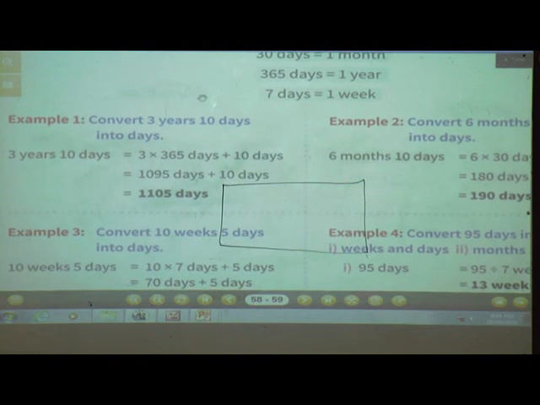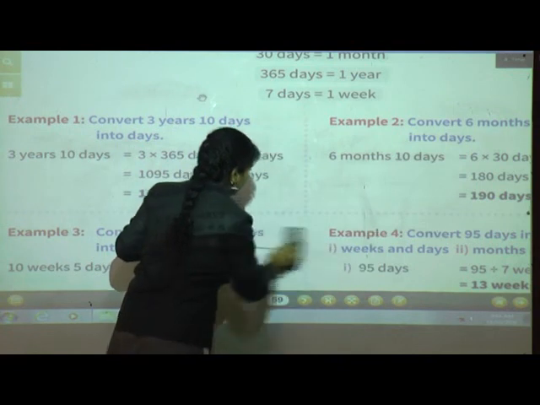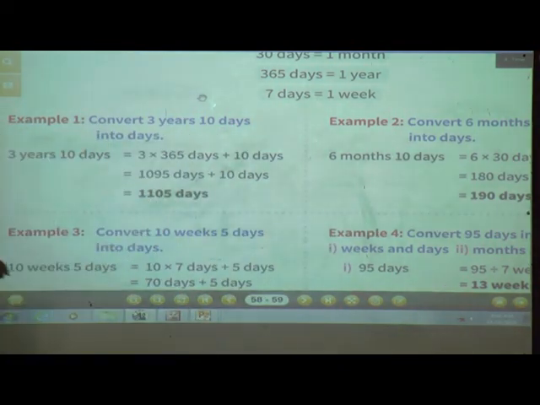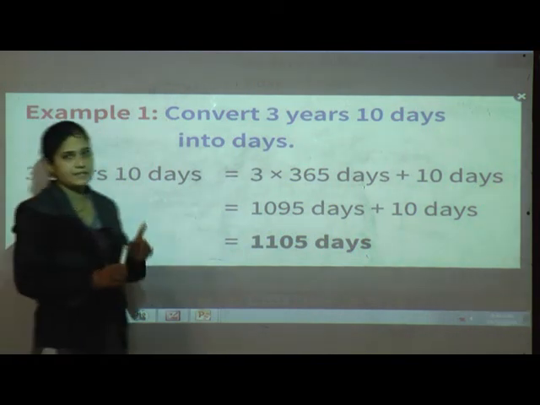Here they have given us examples, and even solved them, so we are going to see how they have solved the examples. Convert 3 years 10 days into days. All of you know that 1 year is equal to 365 days.